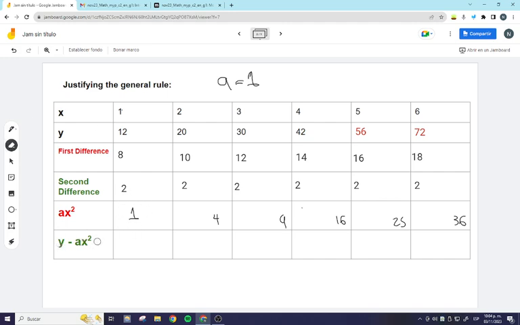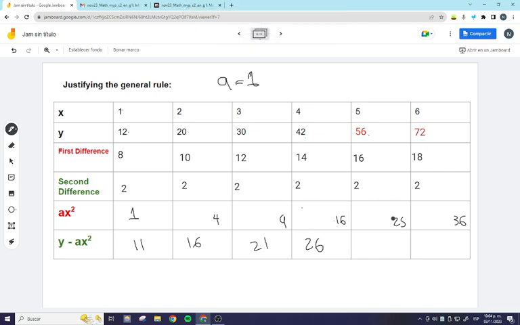So look, let's do it. What is 12 minus 1? 11. 20 minus 4? 16. 30 minus 9? 21. 42 minus 16, that is 26.